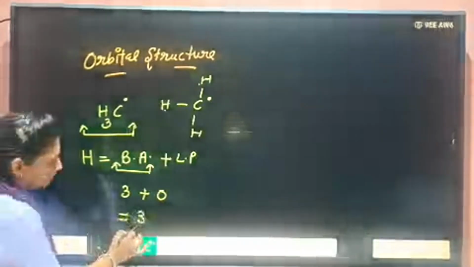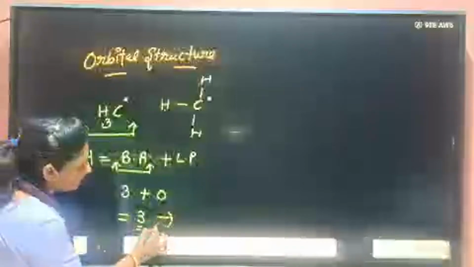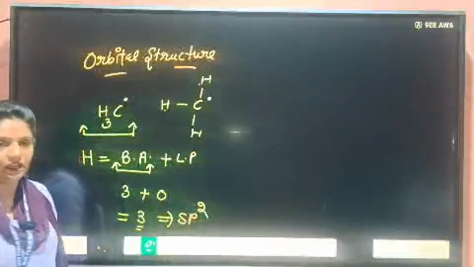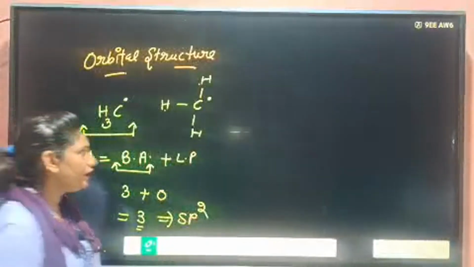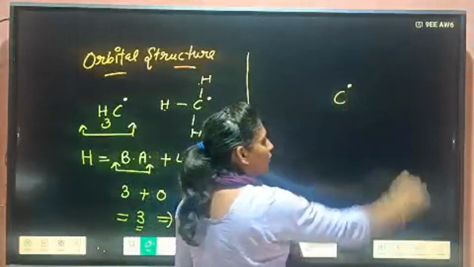So 3 plus 0 is equal to 3. And if this value is 3, then the hybridization is sp2. Clear? So here also this carbon will be sp2 hybridized.